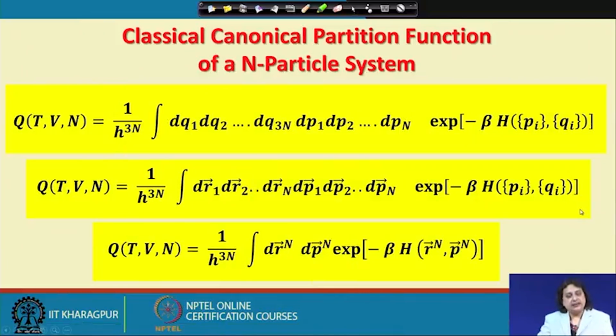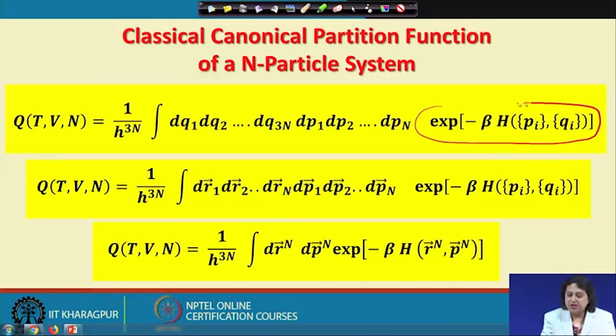and I can extend this discussion to an n particle system where the phase space is going to be much more complicated. I will still have this kind of expression for the canonical partition function, which is nothing but e to the power of minus beta h, but here h is a function of all the 3n position coordinates and all the p coordinates, which are the momenta coordinates, and all the q coordinates, which are the position coordinates.